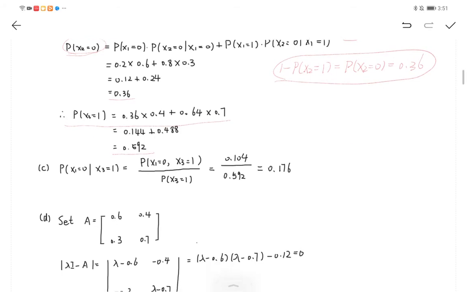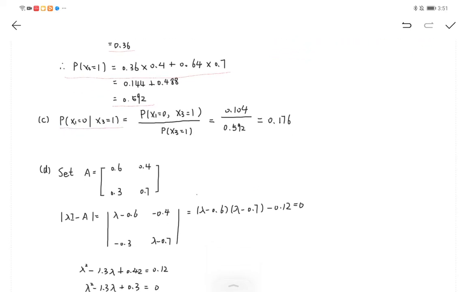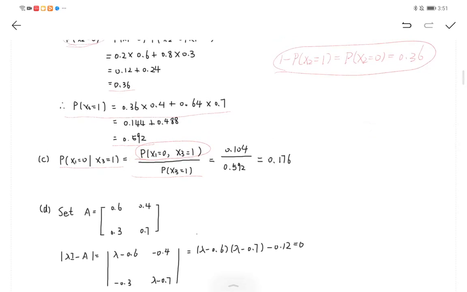As for the third question, find the probability of x1 equals 0 on the condition of x3 equals 1. We can count this probability directly, or we can count it partially. First, consider x1, x2, x3.